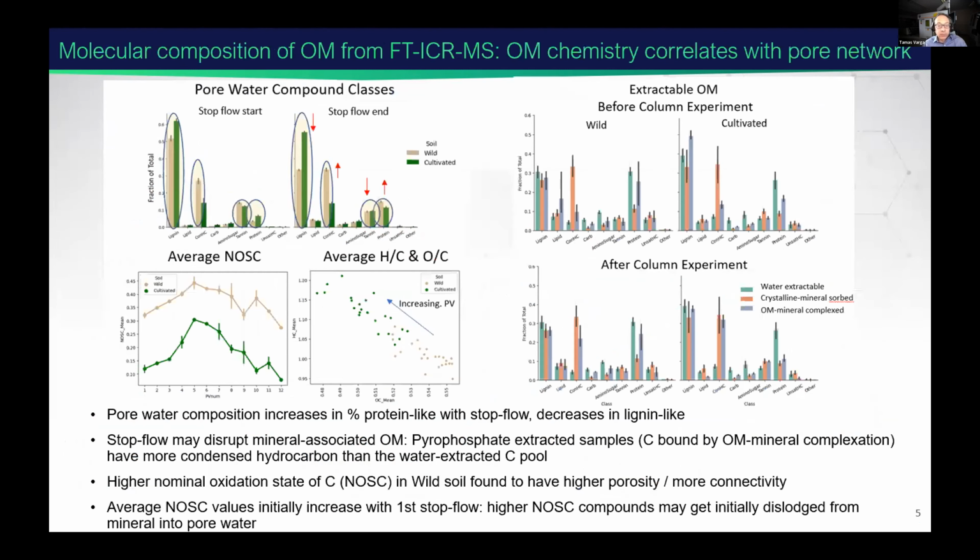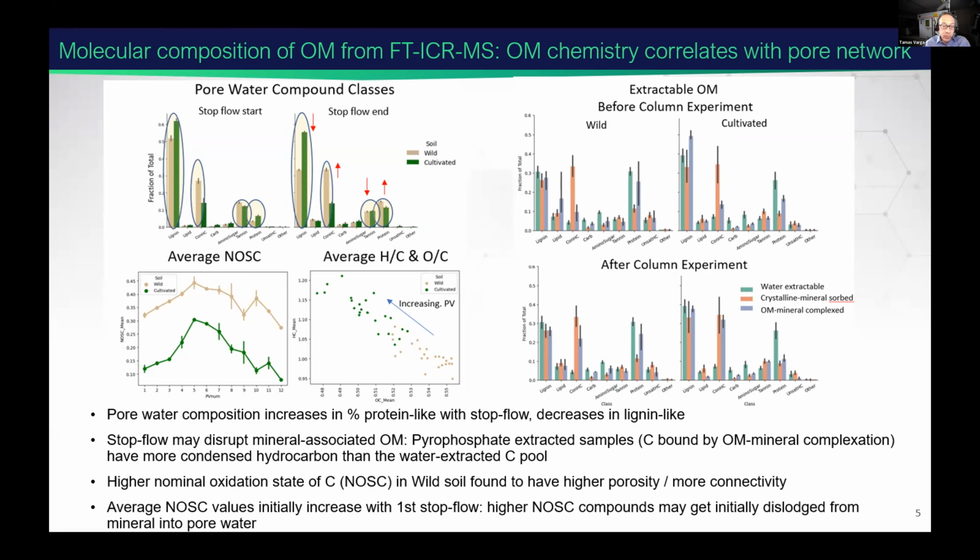We're able to see, for example, how the average nominal oxidation state of carbon varies between these 2 soils. We found that the soil that was more porous, the white soil in this case, had larger porosity and more pore connectivity, and had a higher nominal oxidation state of carbon.